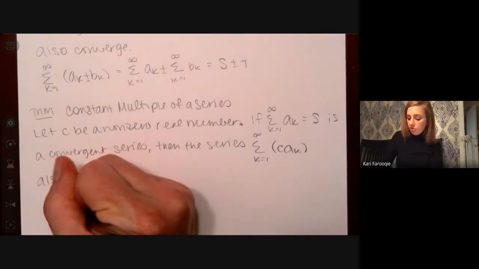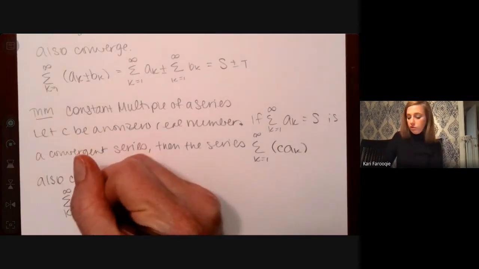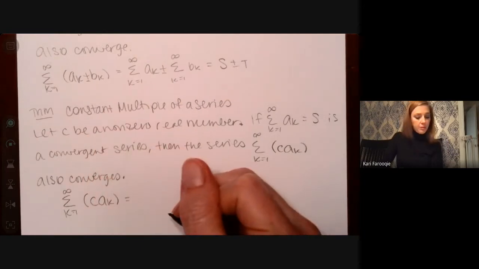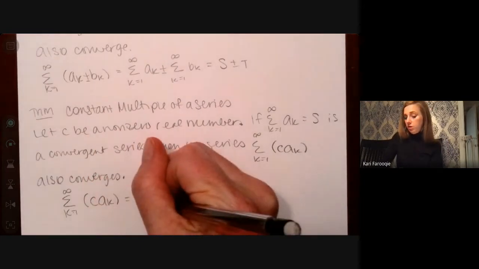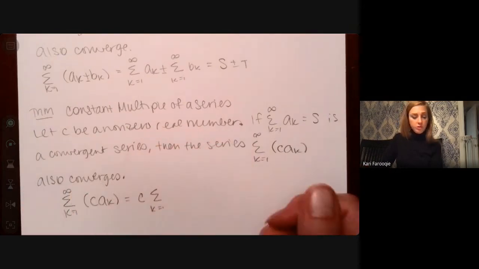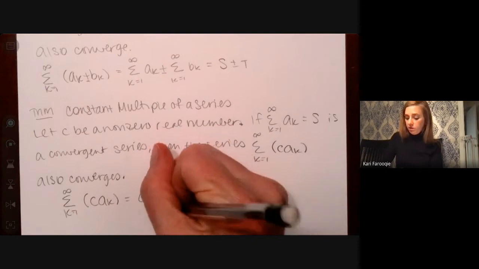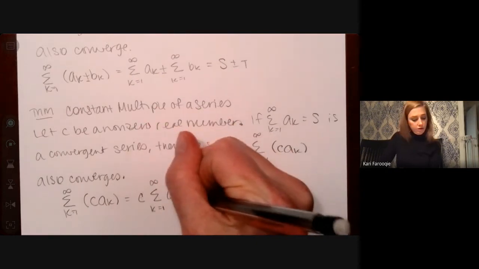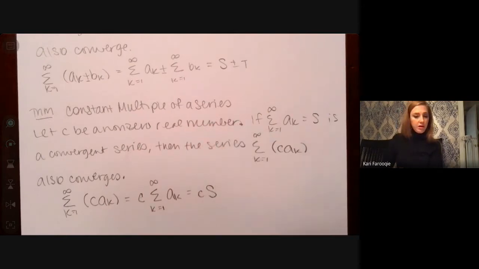We can say that our series from 1 to infinity of C times a sub k would be equal to C, and of course, we're assuming here that C is a non-zero real number, times the sum of the series from 1 to infinity of a sub k equals C times S.